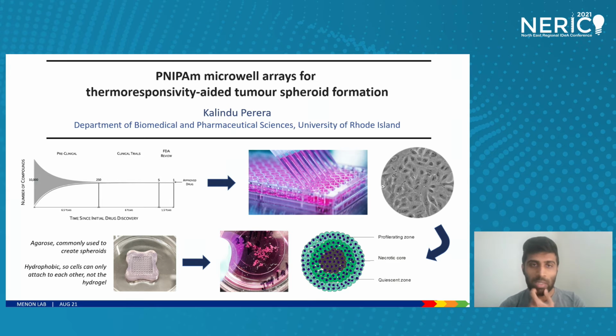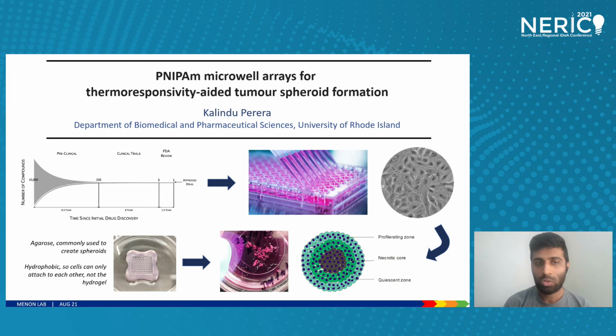So there's been this kind of slow shift in the past 5 to 10 years away from these not really physiologically relevant cell cultures in these flat 2-dimensional well plates to more 3-dimensional cell cultures, especially for cancer drug discovery, where you need this solid tumor mass to really get a good idea of whether your drugs work or not.